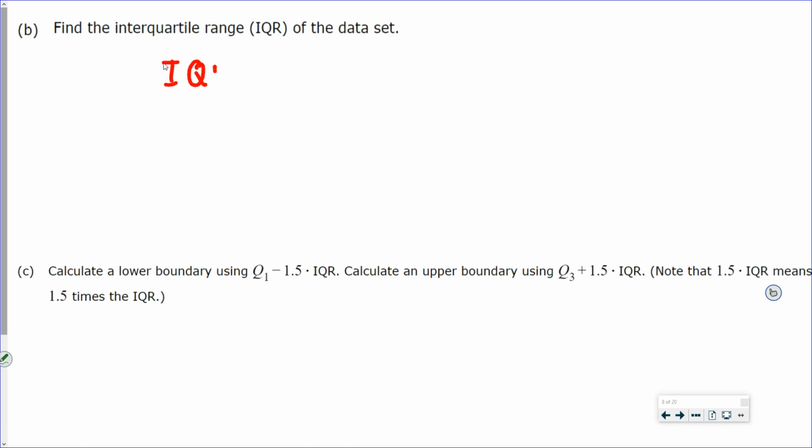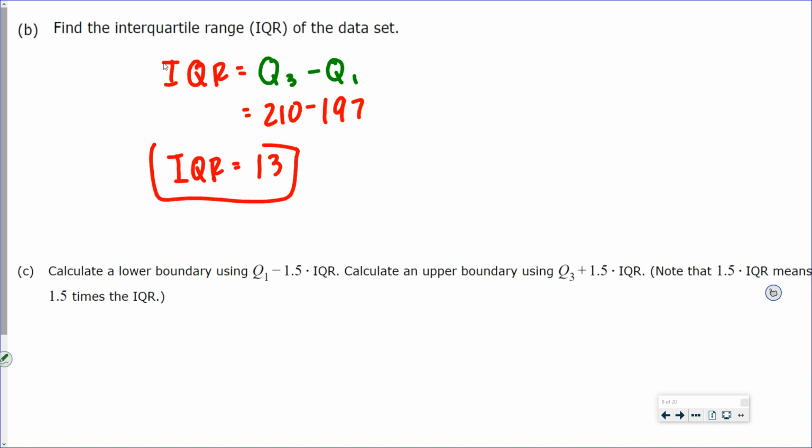So my IQR is my Q3 minus my Q1. Okay, IQR is 13 in this case.